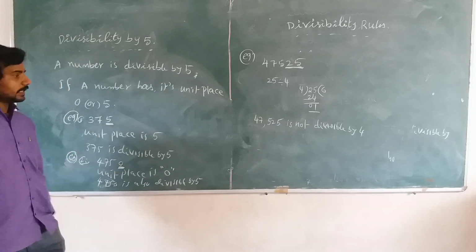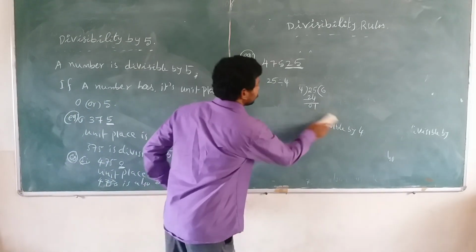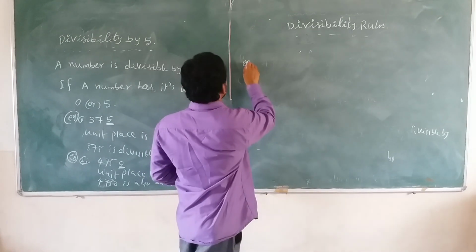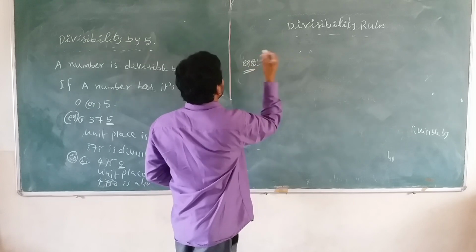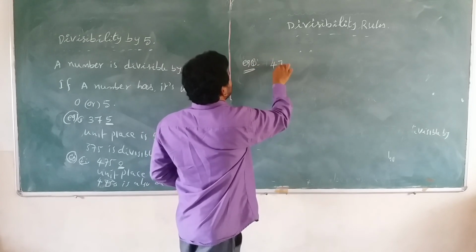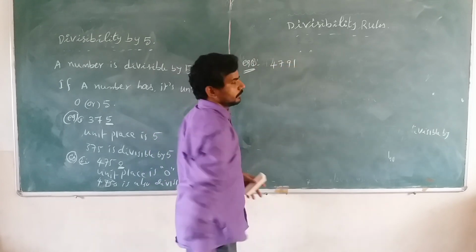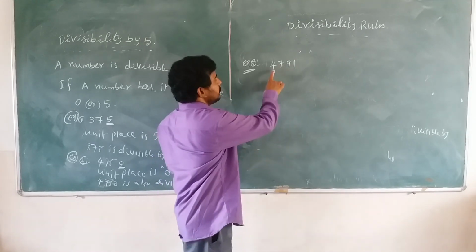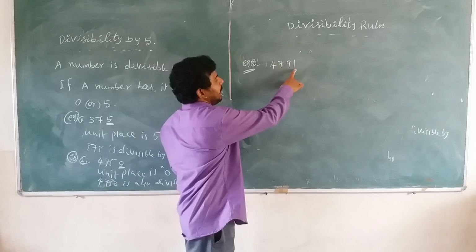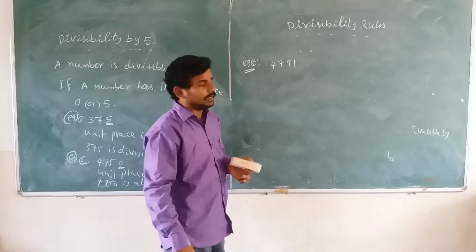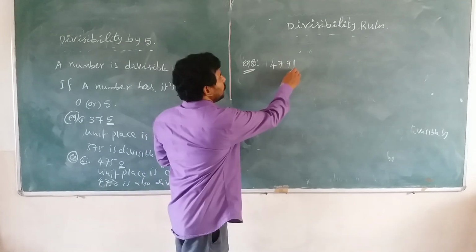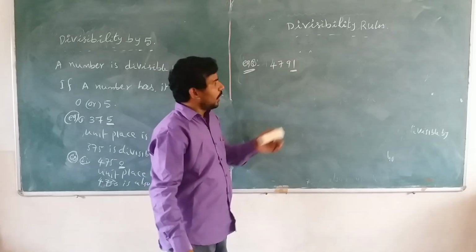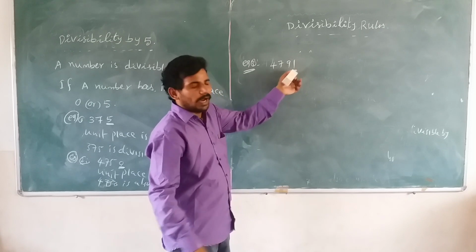One more example, children. Example 3: 4791. This is a 4-digit number. So the unit place, or ones place. How much, children, is the unit place? 1.